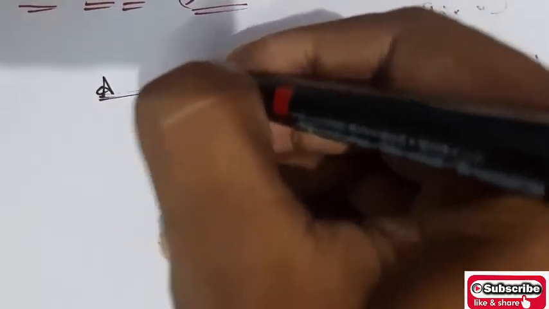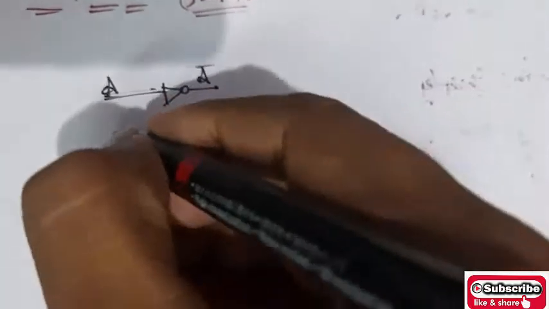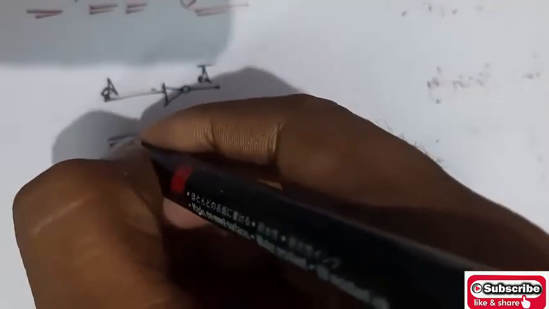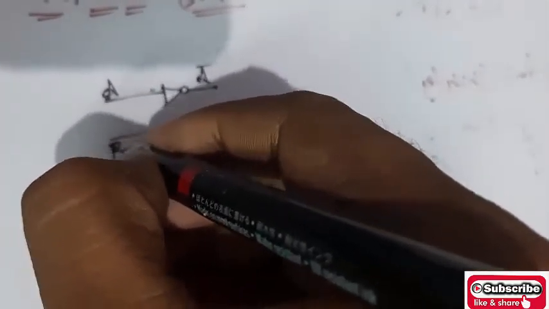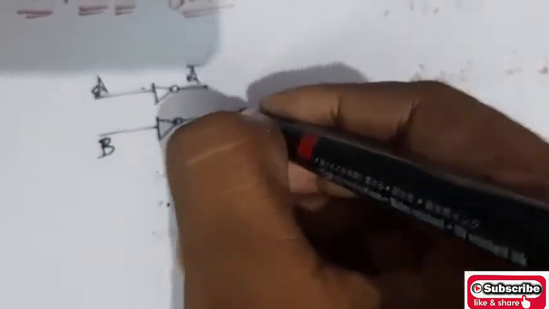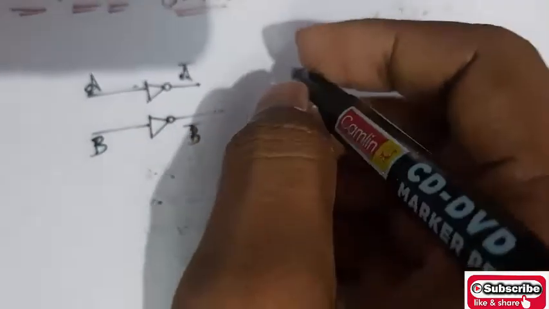Here see some hardware structure for this. If you give the input a, if you apply the inverter you will get a bar. If you take the input b, if you apply it to the inverter you will get b bar.